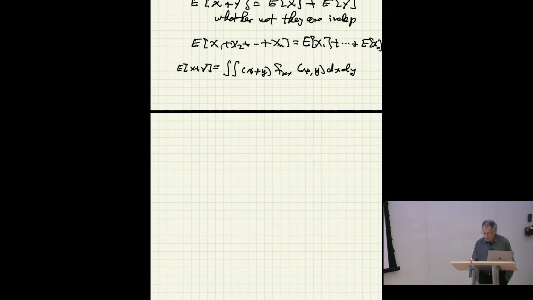Now, because of the summation in the leading term there, I can write this as the double integral of x times the joint density f xy of x, y, dx dy, plus the obvious term, plus the double integral of little y times the joint density f xy of x, y, dx dy.